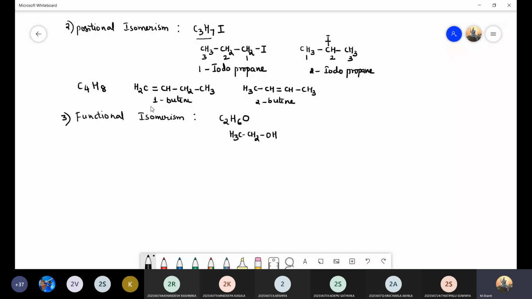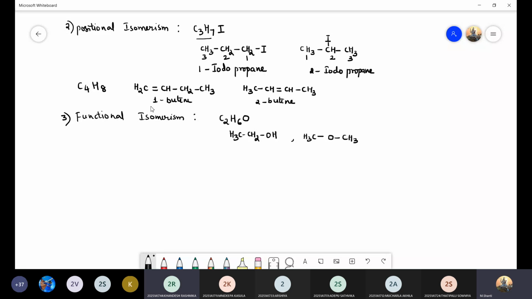Now for this, I want a functional isomer. It should also contain one oxygen and it should also retain the same molecular formula C2H6O. So what is the possible isomer for this? No idea.